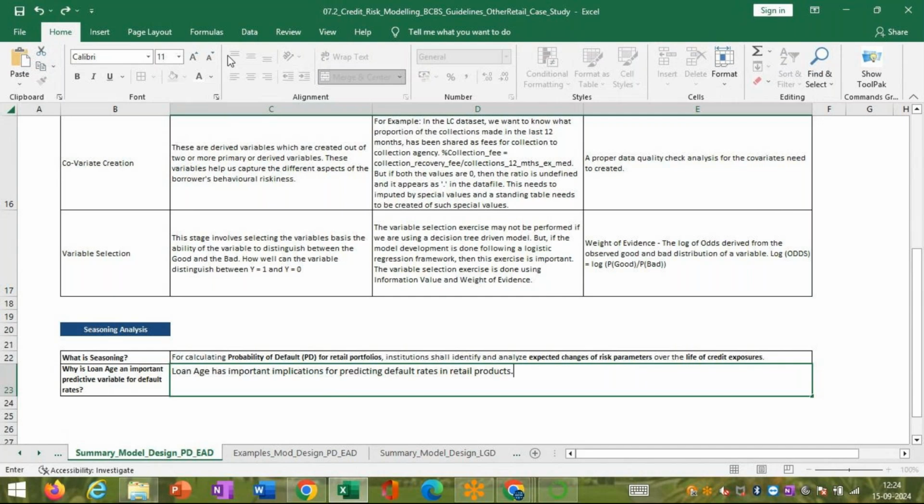Now, according to the regulators, what does loan age do?